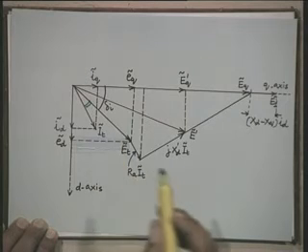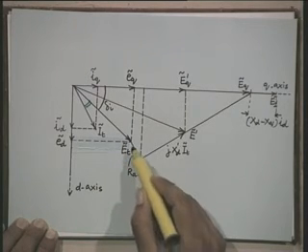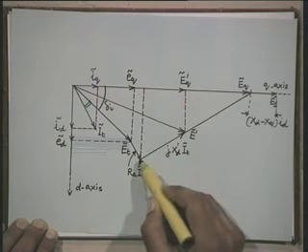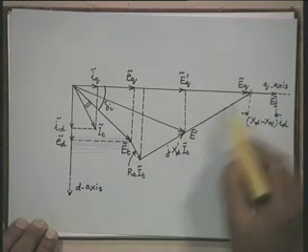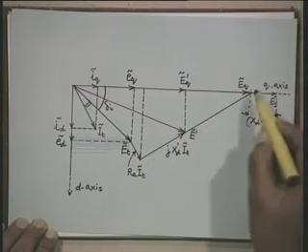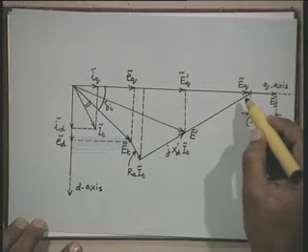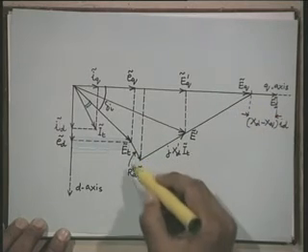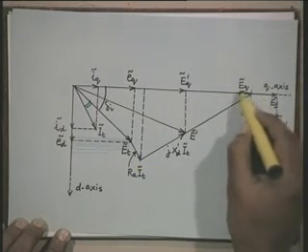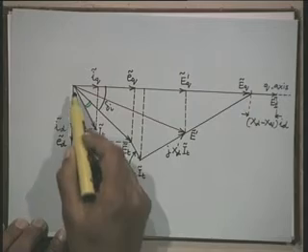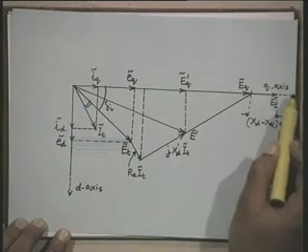Then to this ET we add this voltage drop RA IT plus j times XQ IT, and you will get this term EQ, and this EQ will define the position of the Q axis.